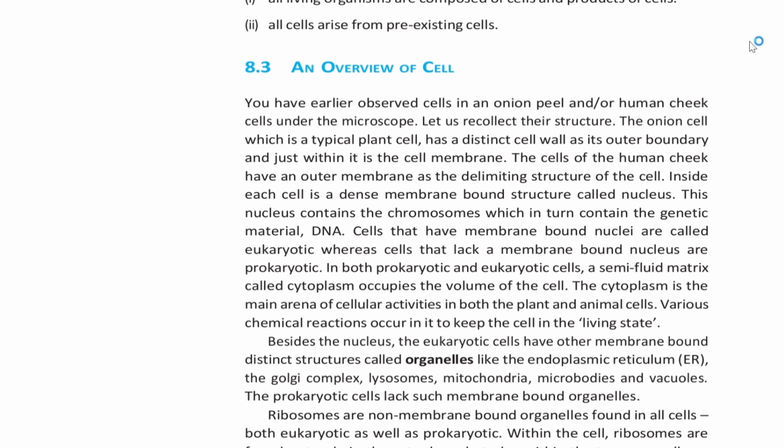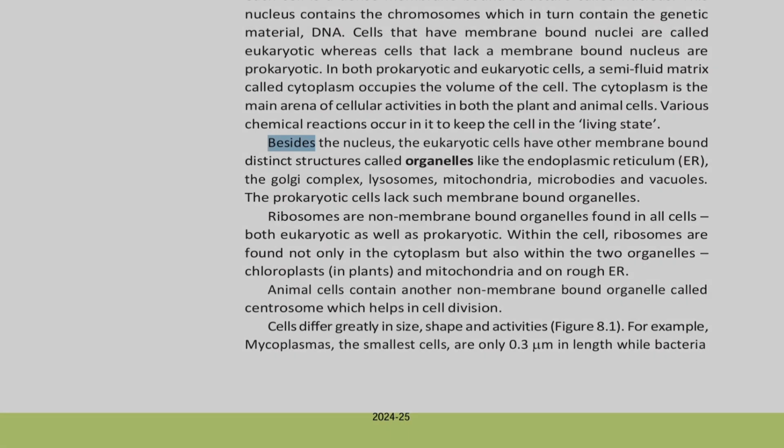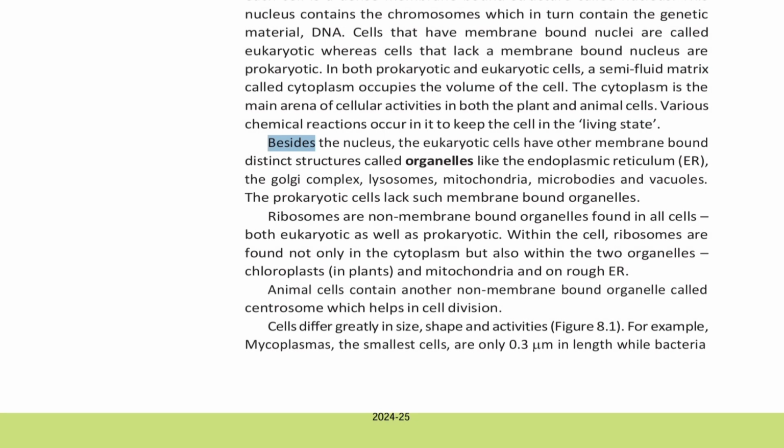Various chemical reactions occur in it to keep the cell in the living state. Besides the nucleus, the eukaryotic cells have other membrane-bound distinct structures called organelles, like the endoplasmic reticulum, that is ER, the Golgi complex, lysosomes, mitochondria, microbodies, and vacuoles. The prokaryotic cells lack such membrane-bound organelles.